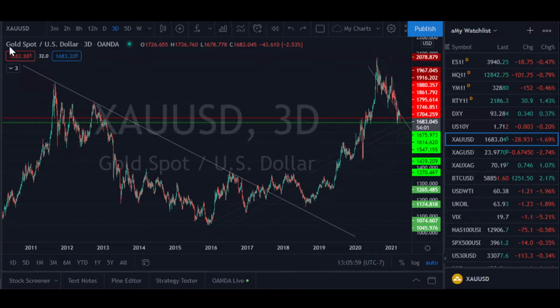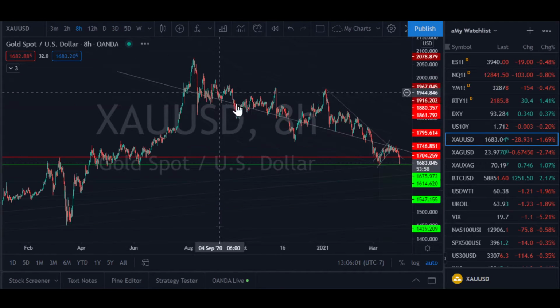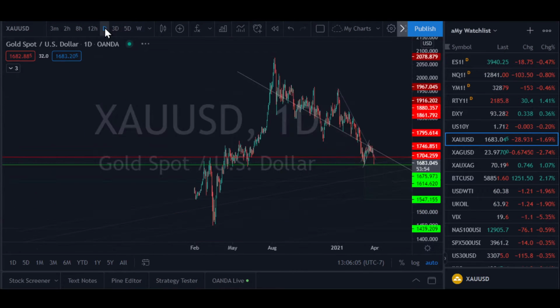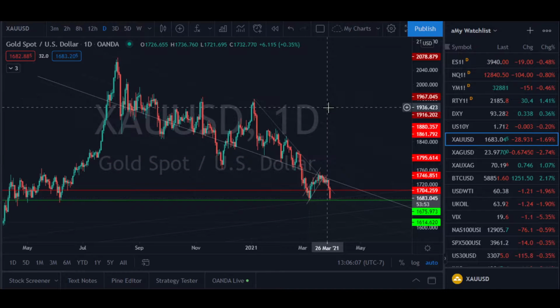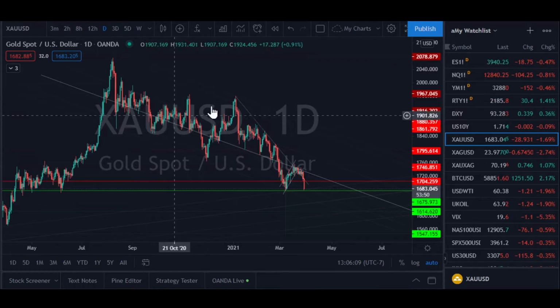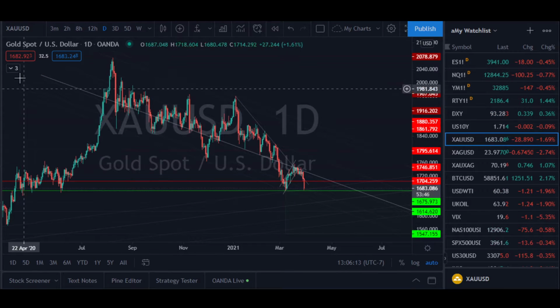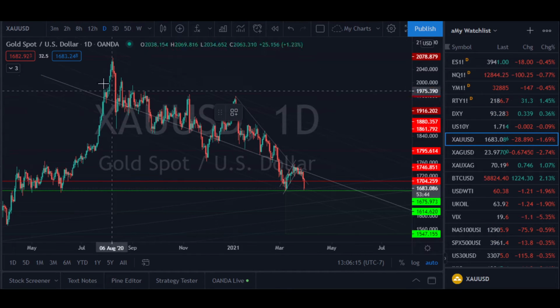You can interpret this however you want, but the reality is, zooming back in here, actually let's go to a daily time frame. What I'm calling the handle, most people are calling a descending parallel channel. Now, a lot of people, their channel looks a little bit different.